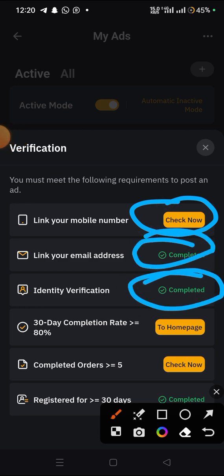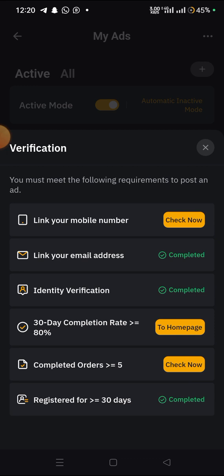Once that is complete, click check now and check everything. It's not hard, but you must be a registered member of at least 30 days before you can place ADs on the Bybit P2P.